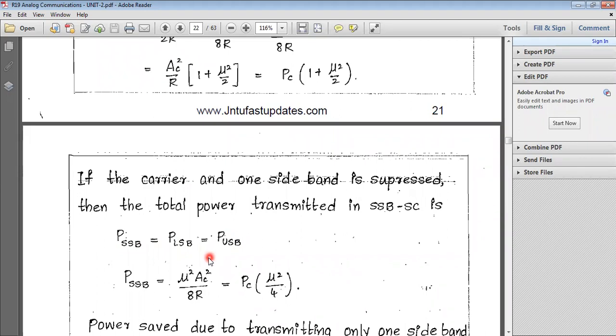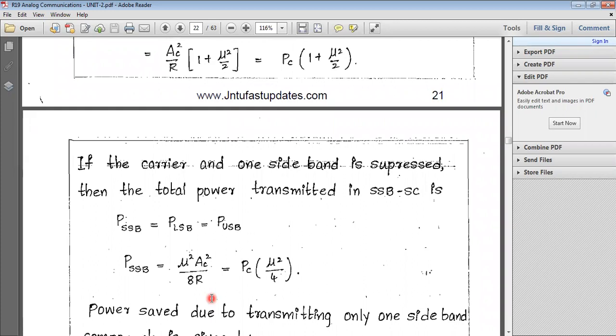So you can take PSSB as mu square Ac square by 8R. But this can be converted in terms of PC. PC equals Ac square by 2R. So we can write it as PC into mu square by 4.